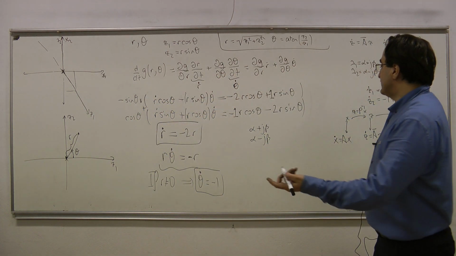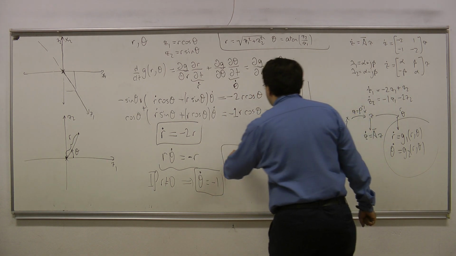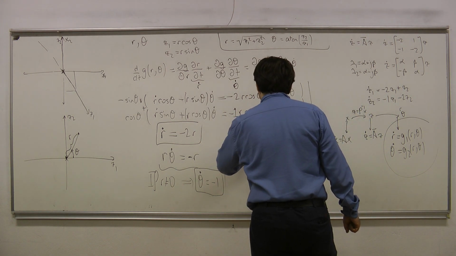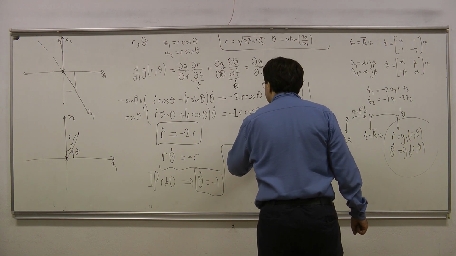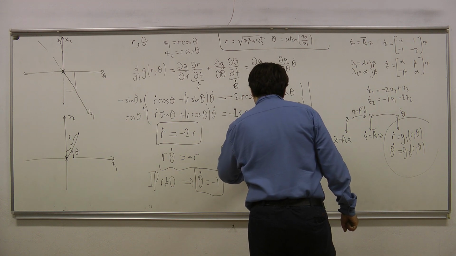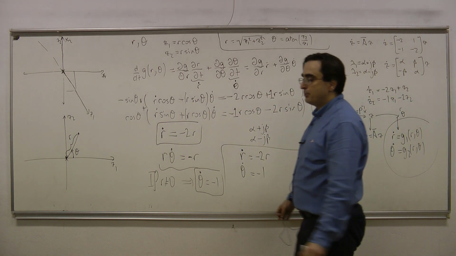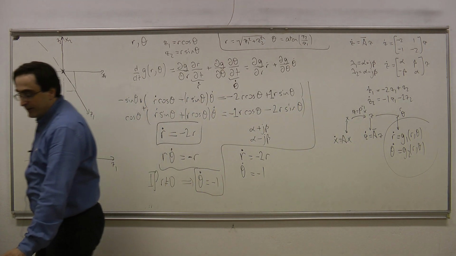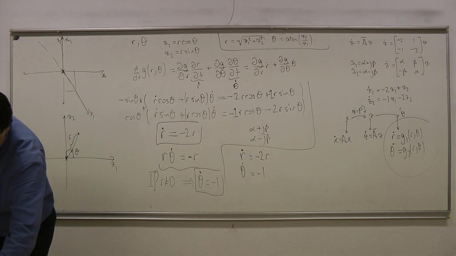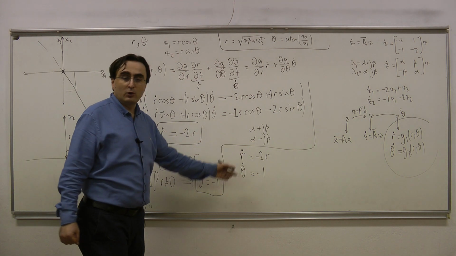theta. So you see that I have changed my coordinates into polar coordinates, and I have obtained the following equations. R dot is equal to -2R, and theta dot is equal to -1. Okay? So you see that in the polar coordinates, the dynamics equations of the system are actually decoupled from each other.